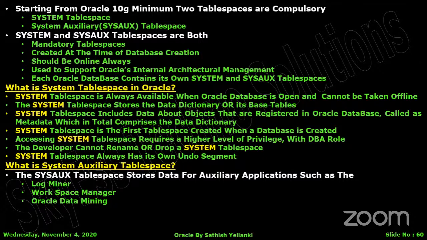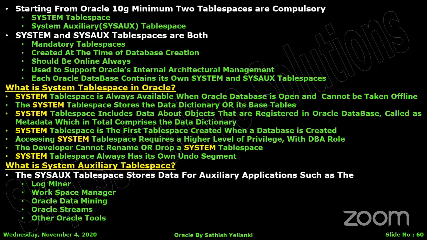System auxiliary table space will be keeping all that information that is generated through Oracle streams and any other Oracle tools that are integrated to Oracle and working in dependency to Oracle. All the other tools' operational information, system auxiliary table space will be managing.